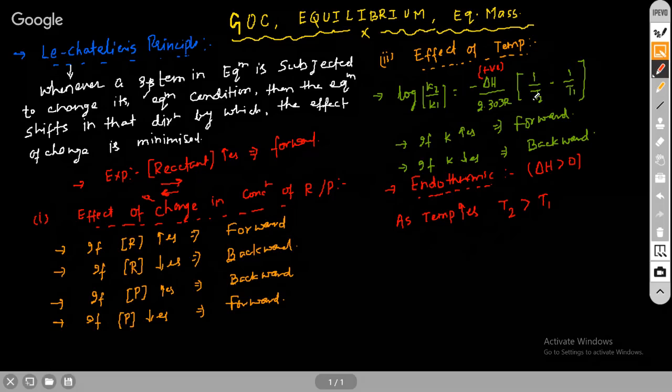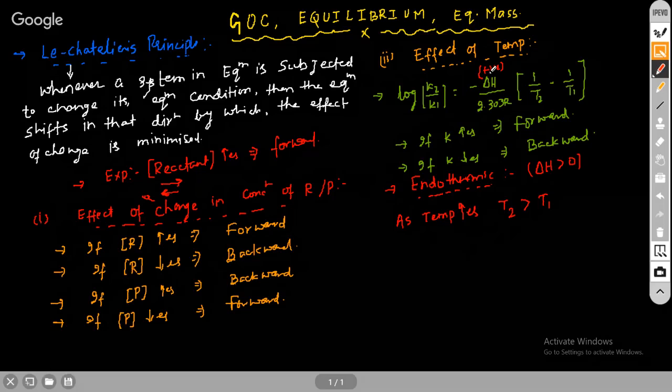Whether this value is negative or positive will decide whether log K2 by K1 is greater than 0 or less than 0. Since the type of reaction fixes the sign of del H, the term minus del H by 2.303 R will be either positive or negative.